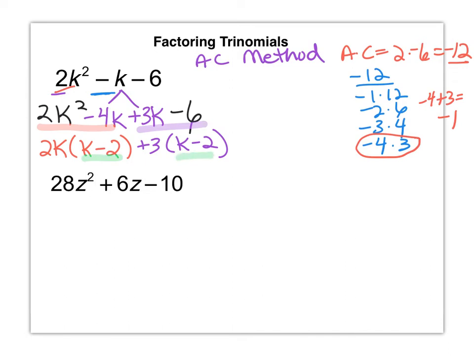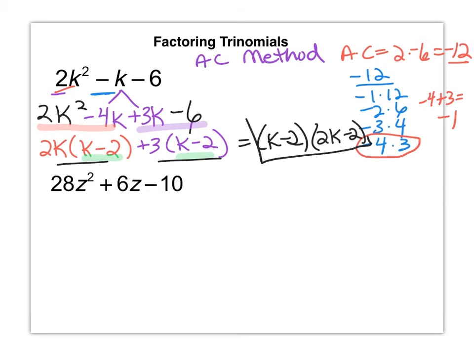So in factored form, k minus 2 is the common factor, and when that is factored out, the result is 2k plus 3. So in factored form, k minus 2 is one factor and 2k plus 3 is the other factor. You can check this by using the FOIL process to determine if you get to the original trinomial.